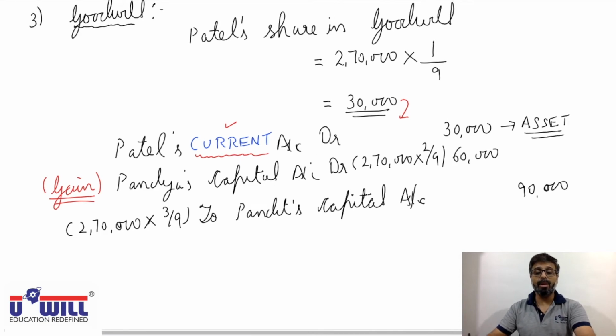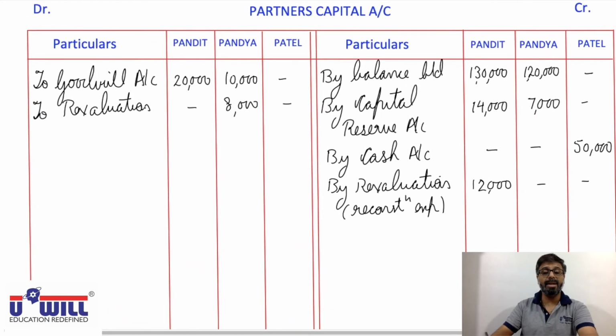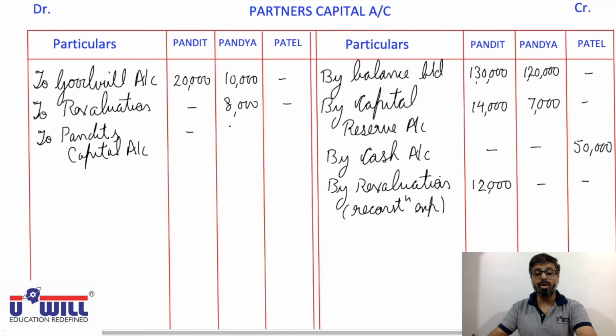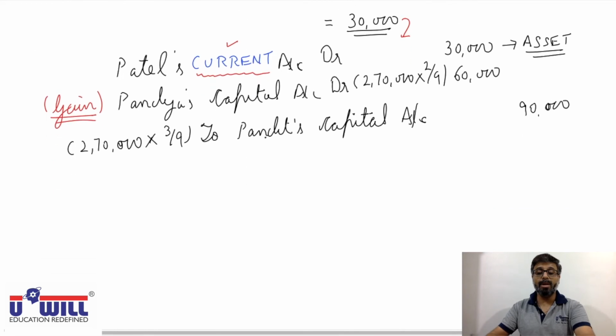Pandya's capital account debit, so in Pandya's capital you all write it on the debit side. Pandya's capital on debit side, opposite account to Pandit's capital account. In Pandya's column 60,000. I repeat, Pandya's capital account debit 60,000.